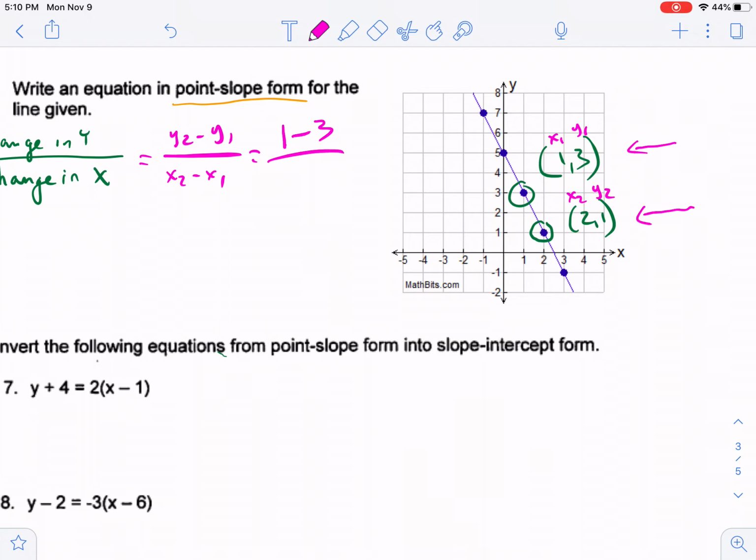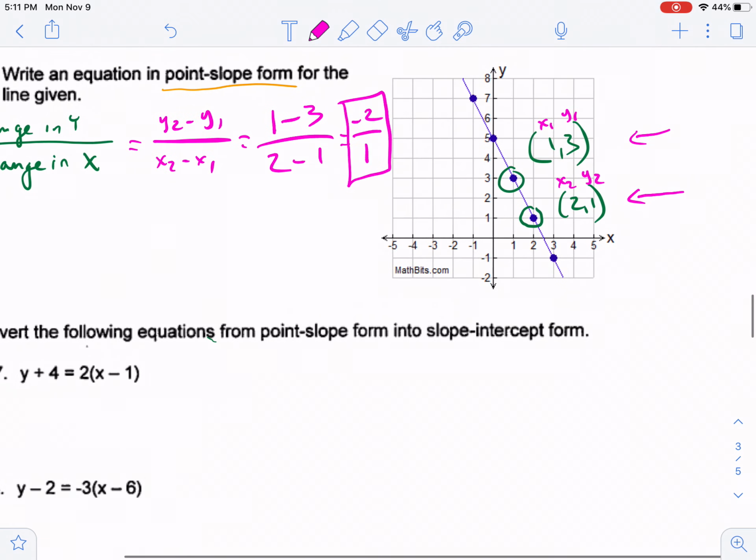So again, we're going here. x2, that's a 2, minus x1, that's a 1. So what's 1 minus 3? That's a negative 2. What's 2 minus 1? That's a 1. We know that the slope is negative 2 over 1.